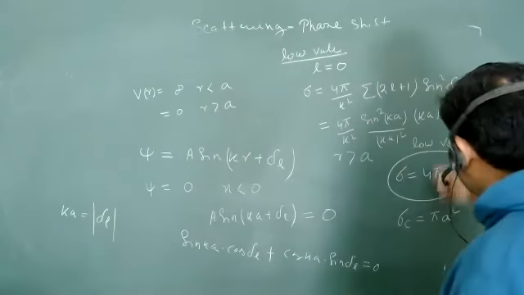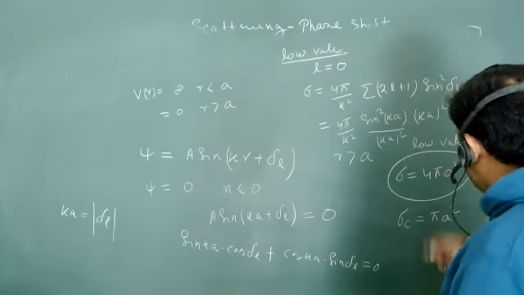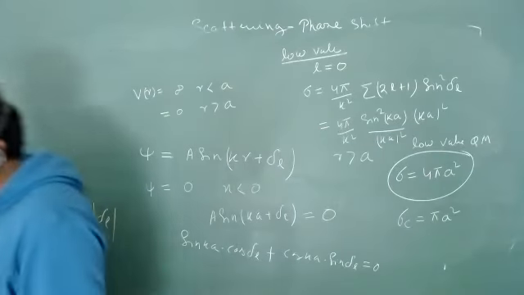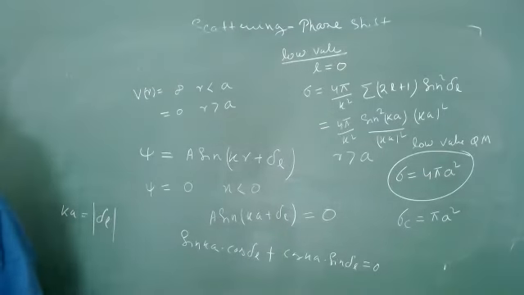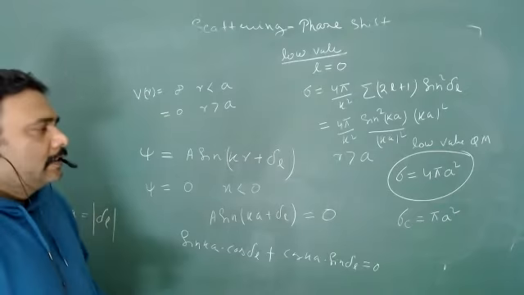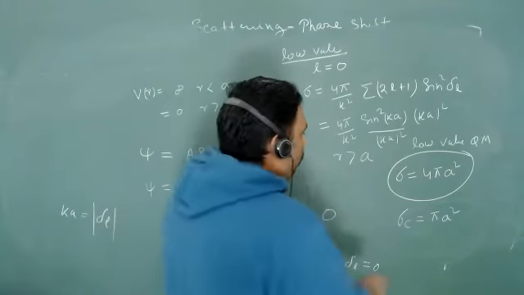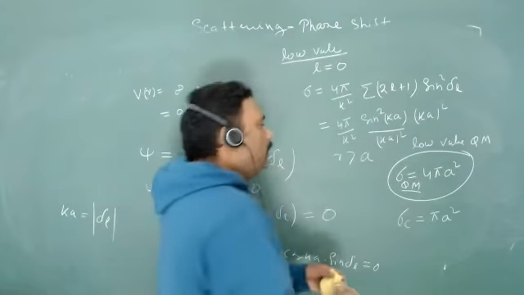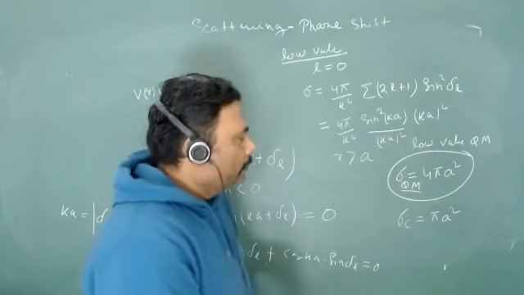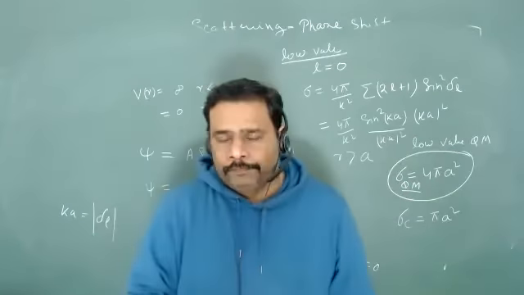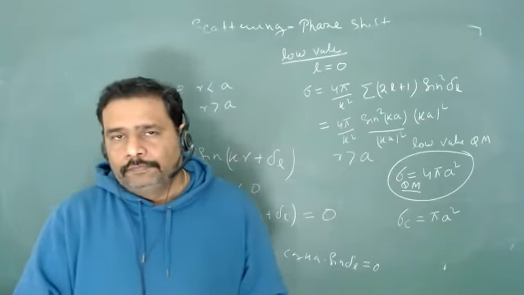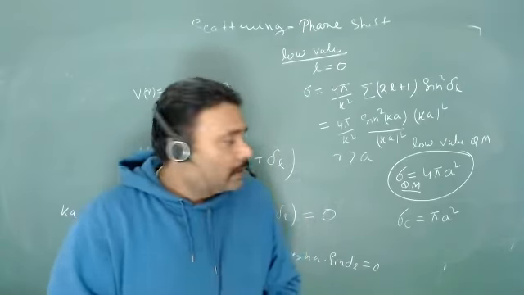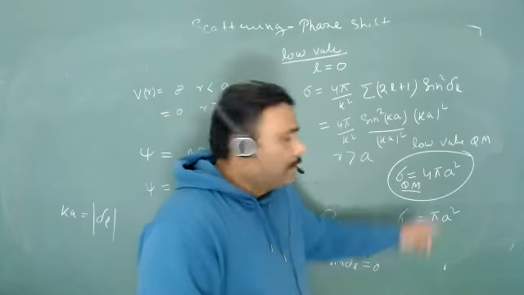That will be between these two or more than this or less than this. बताइए क्या होना चाहिए? इन दोनों के बीच में होना चाहिए. दिस इज योर लो वैल्यू क्वांटम मैकेनिकल स्कैटरिंग, है ना? बीच में इन दोनों के बीच होना चाहिए या इससे ज्यादा होना चाहिए, इससे कम होना चाहिए? Obviously, that should be in between this two.